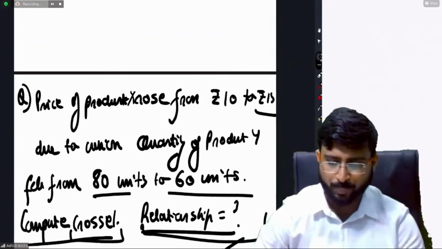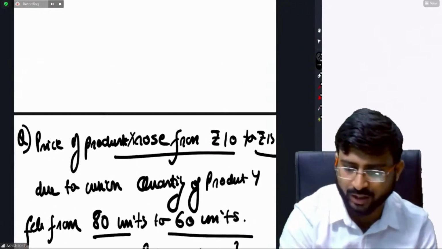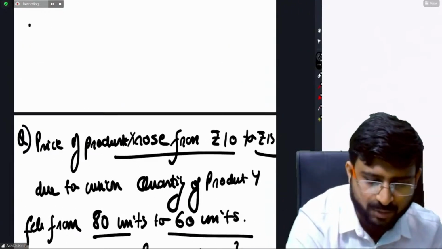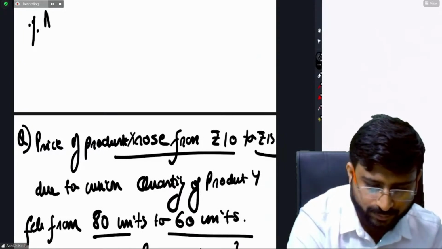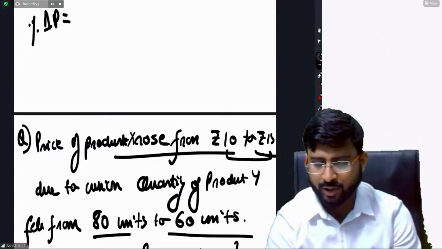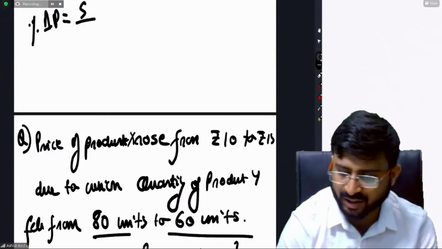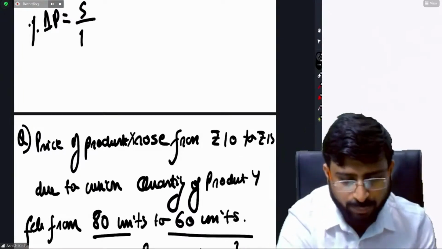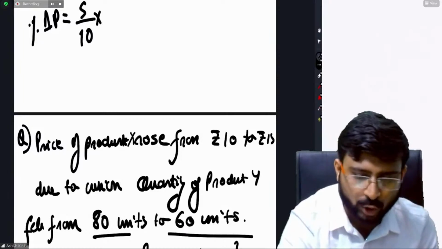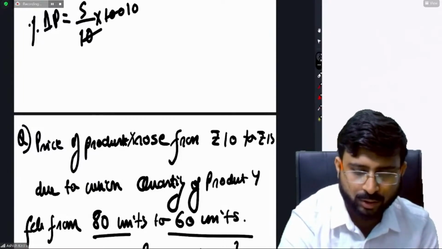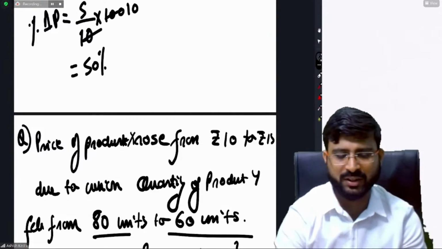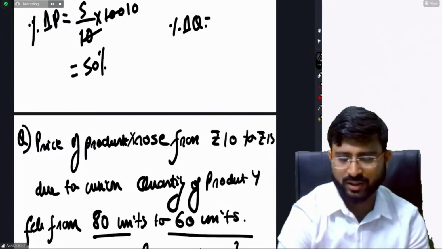Let's go. So price of product X rises from 10 to 15. So what is the percentage change in price? From 10 to 15, it has increased by 5 rupees. Original was 10 rupees, into 100. So percentage change in price is 50%. What is the percentage change in quantity?